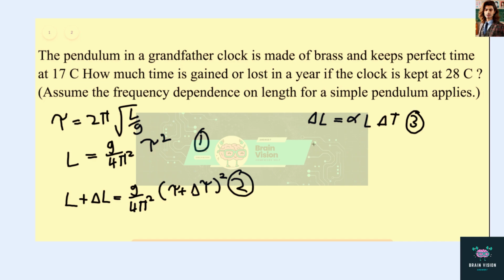Doing that substitution, we get that L bracket 1 plus alpha delta T is equal to G over 4 pi squared, tau plus delta tau, all squared. We're going to call this equation 4.